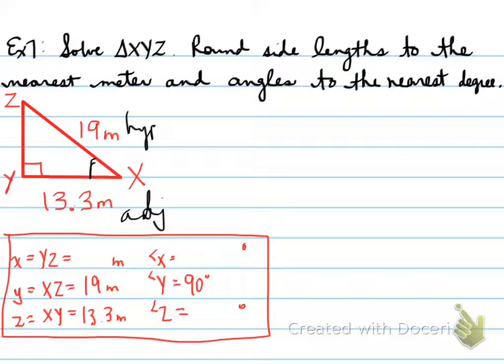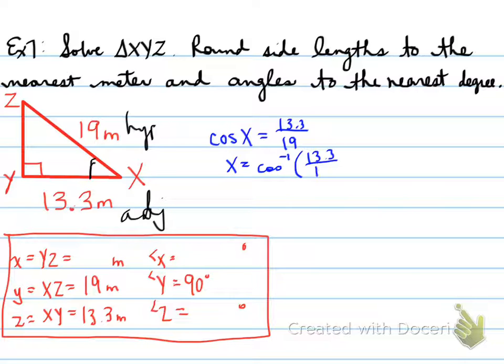We have the cosine. Cosine of that angle x is equal to adjacent over hypotenuse, which is 13.3 over 19. X is equal to the cosine inverse of 13.3 over 19.